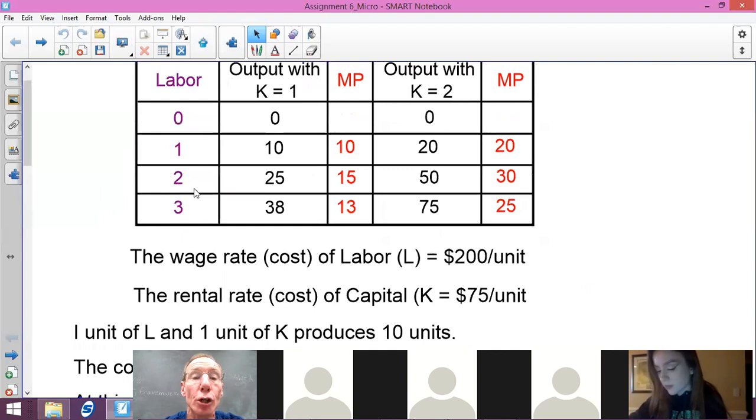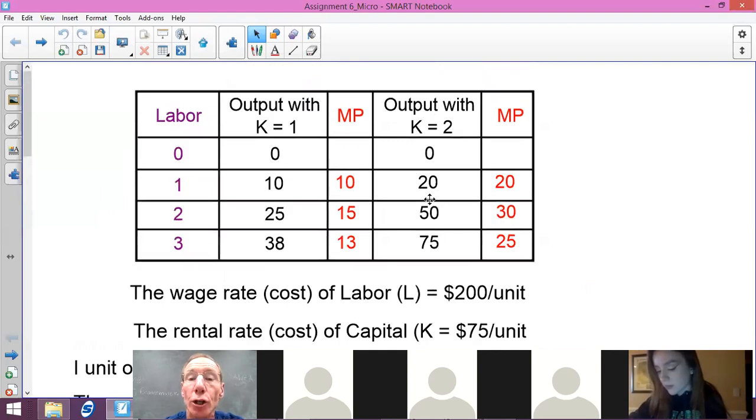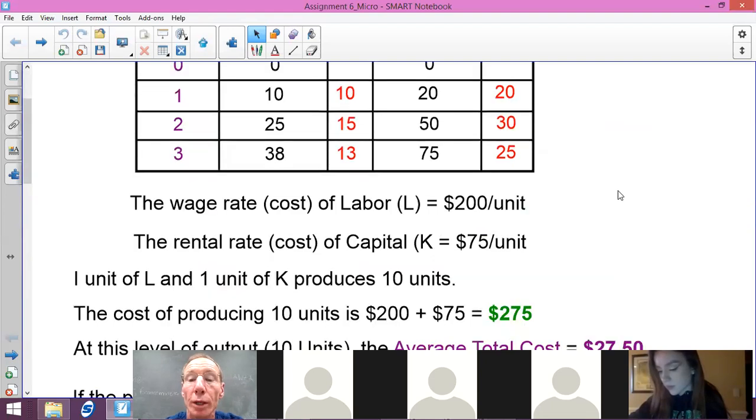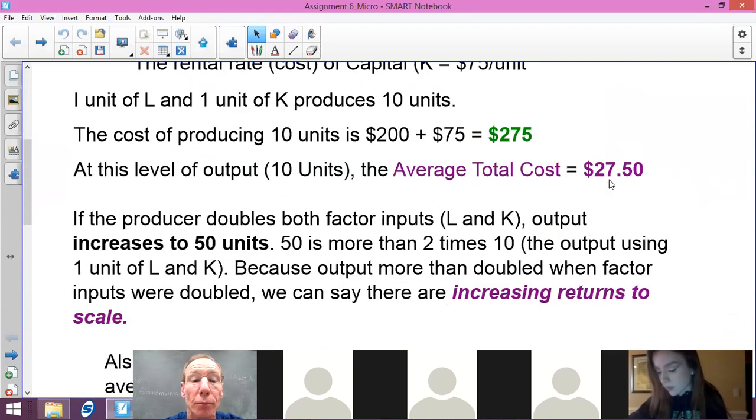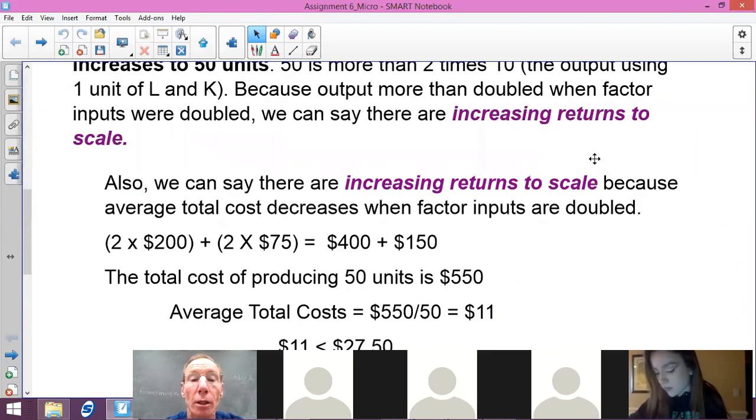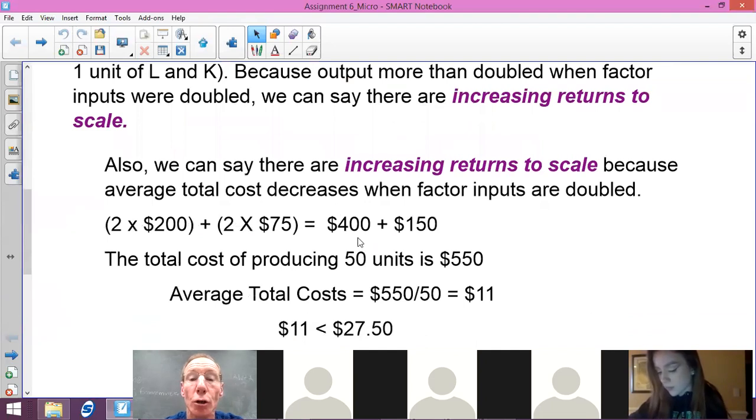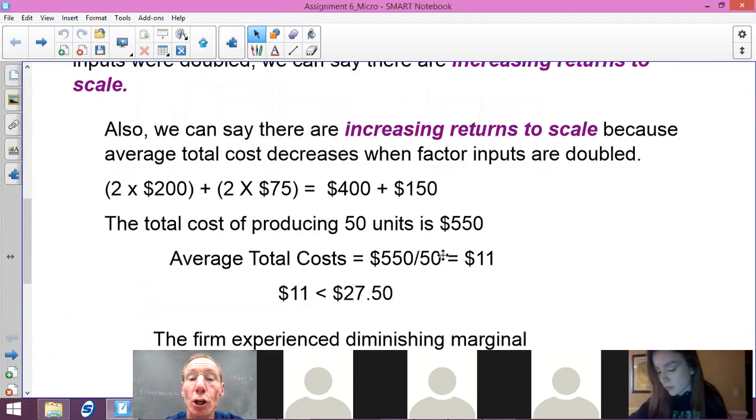Now, when we go to 2 units of labor and 2 units of capital and produce 50, we can see when we do the math that the cost of 2 and 2 is 550. But since we're producing 50 units, we divide the total cost by the number of units, and we get an average total cost of 11.